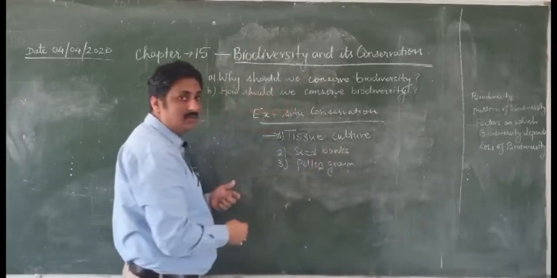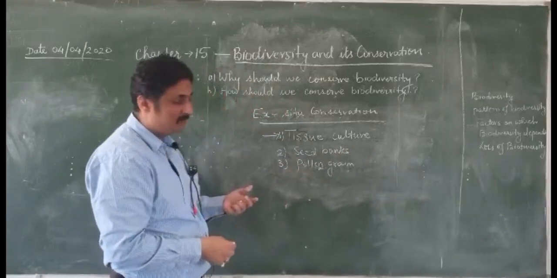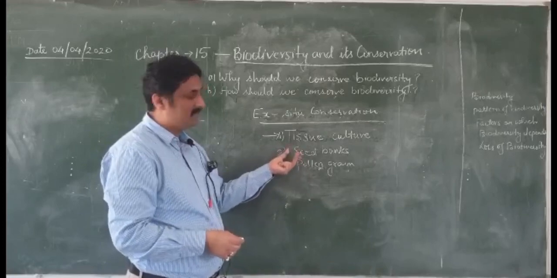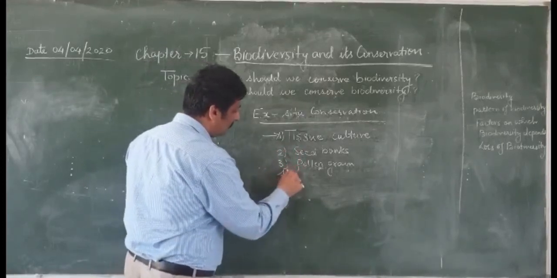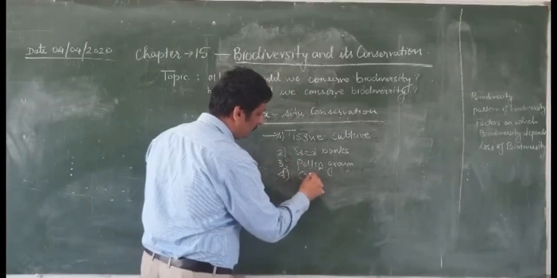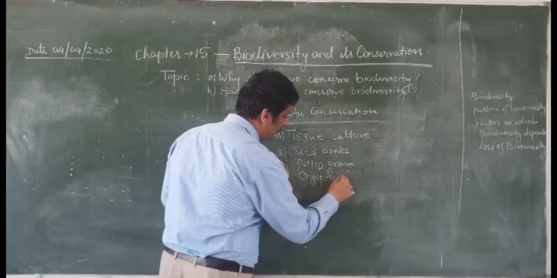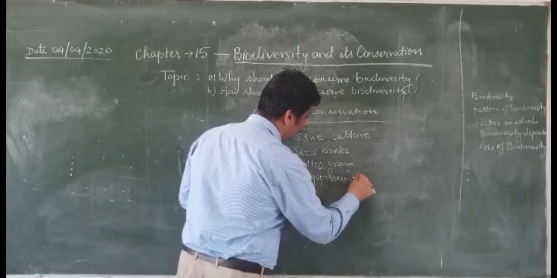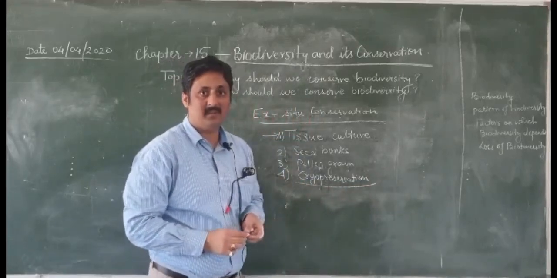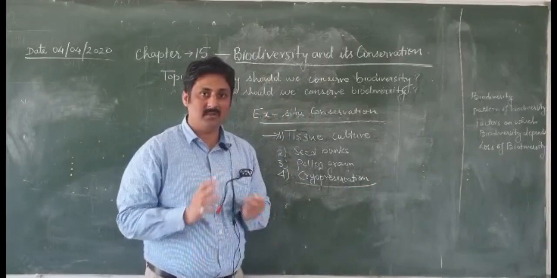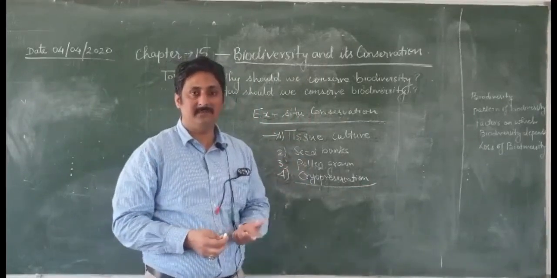We also take the help of cryopreservation in these two things, seed banks and pollen banks, and then we can also take the help of cryopreservation in preserving sperms and ovum, and then later on it can be fertilized. That is called in vitro fertilization.